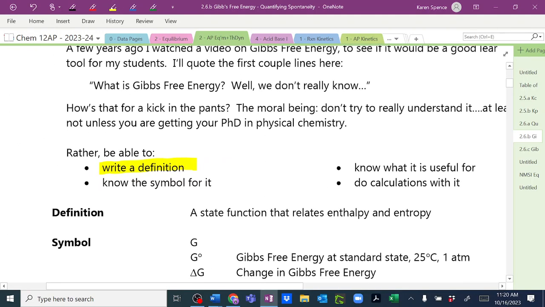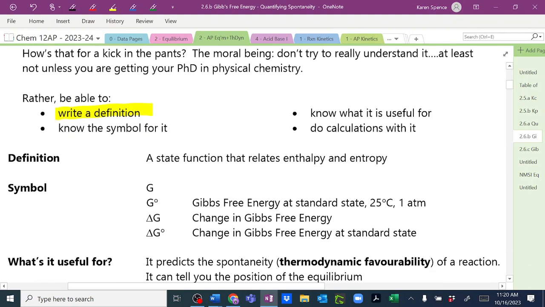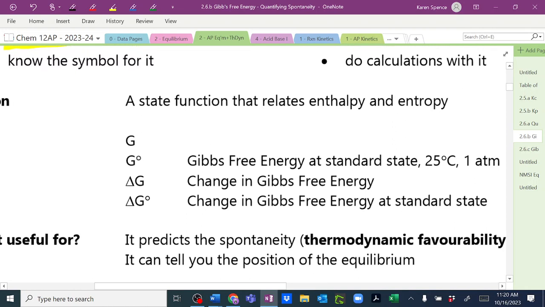So let's look at the definition. It is a state function that relates enthalpy and entropy. That's it. You need to know the symbol for it. Okay, Gibbs free energy is G. If we put a naught after it, what does this little naught mean?